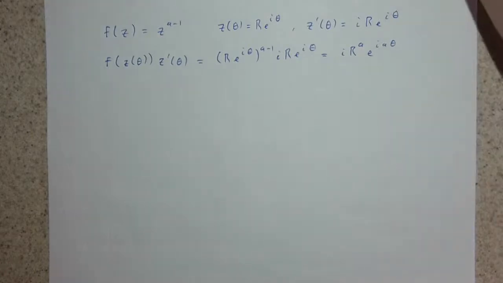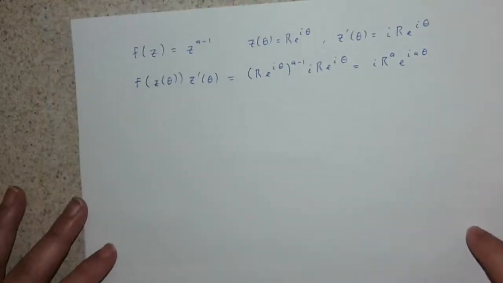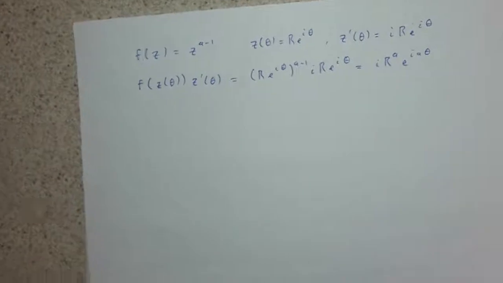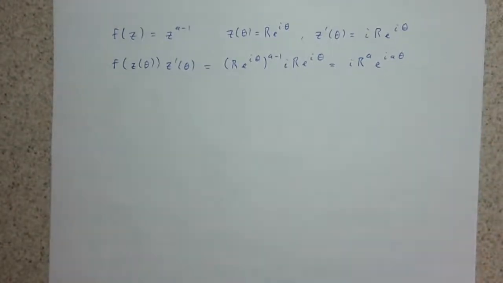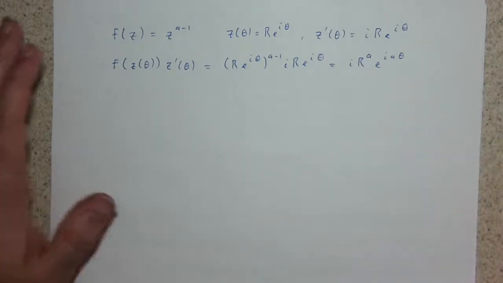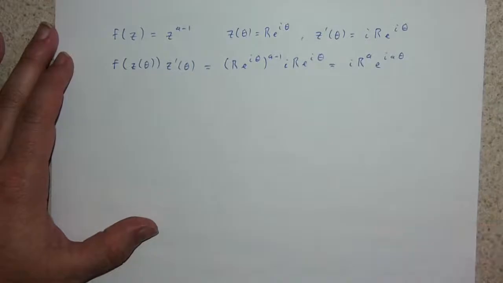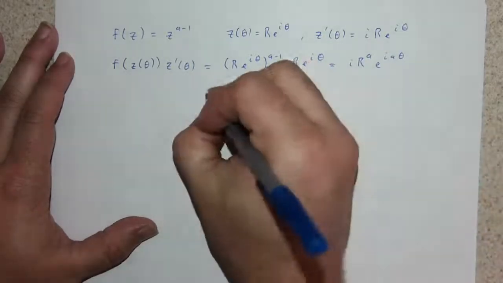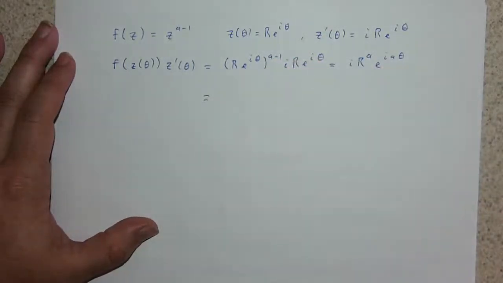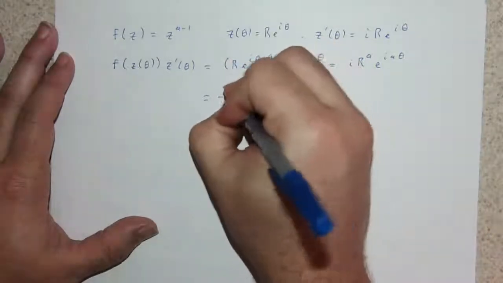I have a slight disagreement with my camera and the orientation of my paper, so it was confusing me. Okay, so this is my integrand. Of course, I can use Euler's formula here to put this in terms of sine and cosine.